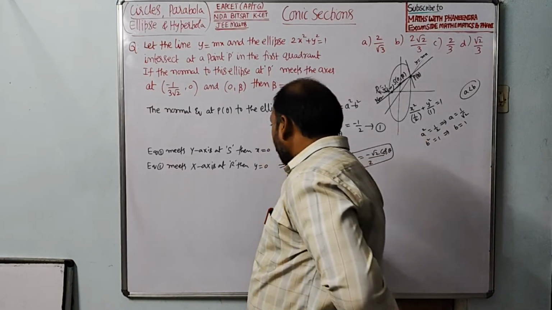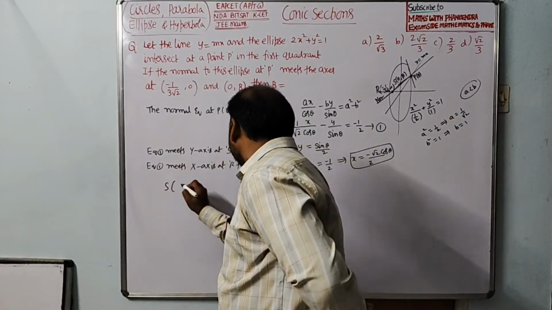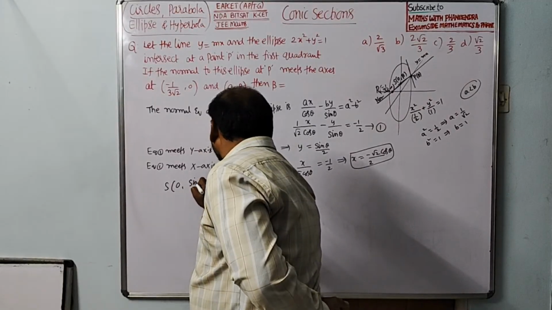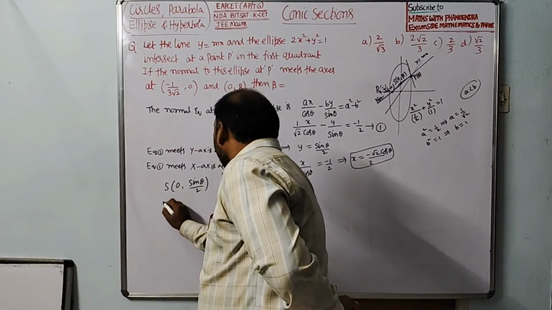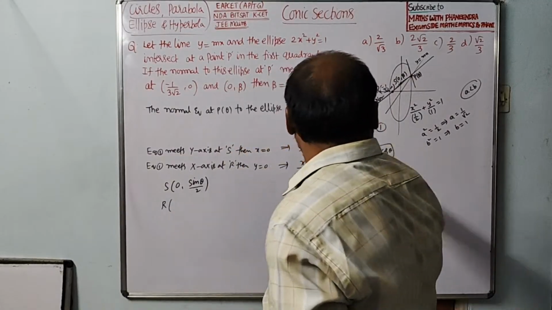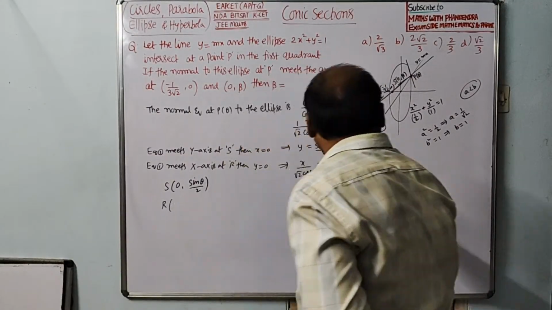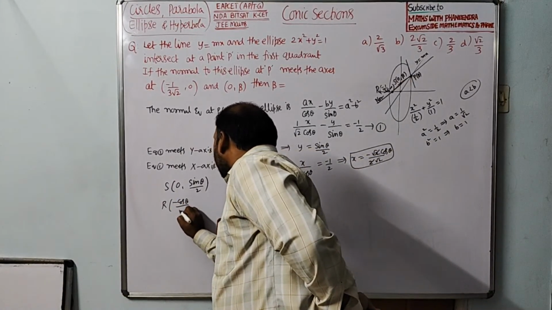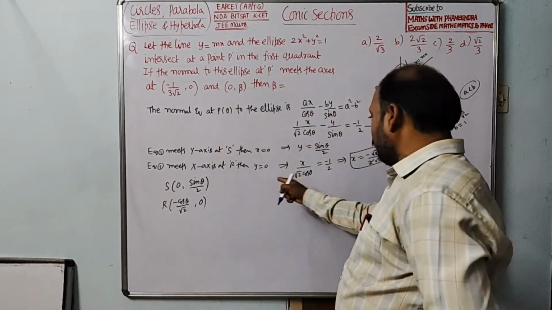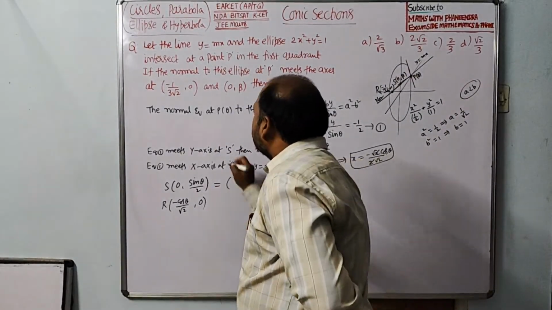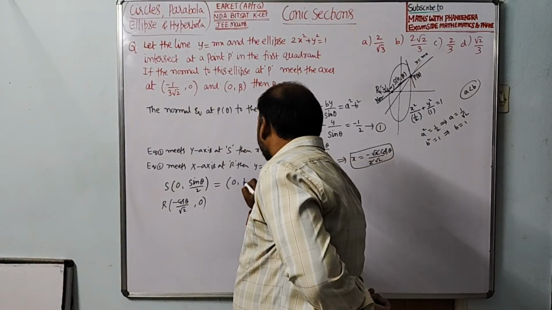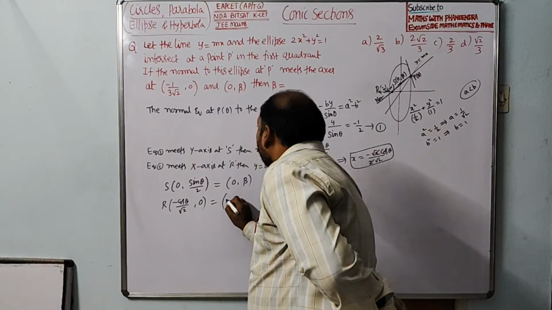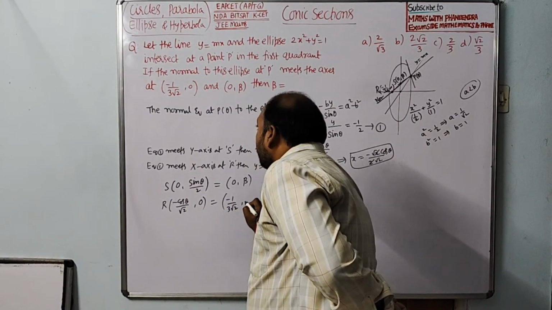So I am writing the 2 points. On the y-axis, S point is (0, sin theta by 2), okay? And R point is minus cos theta by root 2 comma 0, after root 2 times cancels, with y value 0. This value is given as (0, beta). This value is given as (minus 1 by 3 root 2, 0).